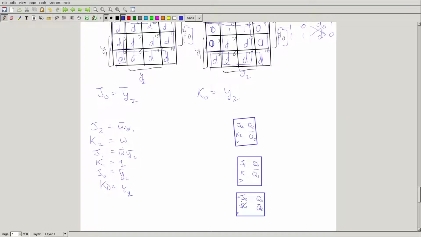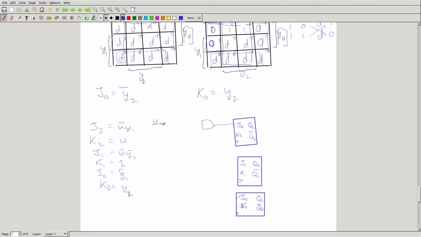And we have some clocks coming in, and we have W coming in, and a single AND gate for J2.